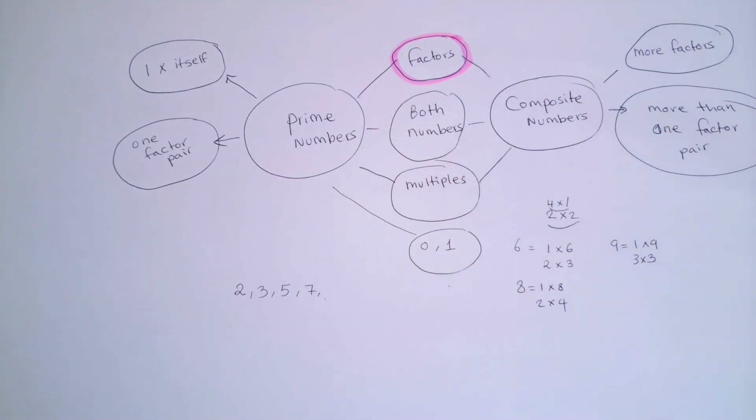We didn't cover many numbers because in third grade we went up to 100 with our numbers, but there are numbers over 100, and you have to think of the factors that can give you that multiple. And if you can find more than one factor pair, then it is a composite number.